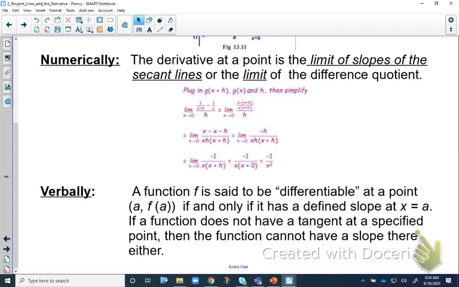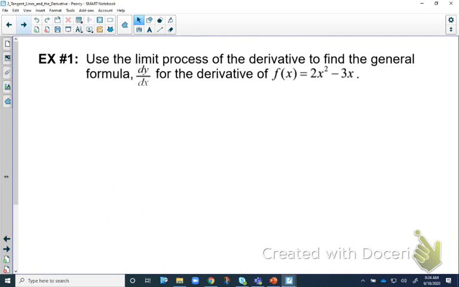So that is what the verbal explanation is going to be. And I want to point out this "if and only if" here, referring back to things that you would have done in geometry, that would be known as a biconditional statement. So let's move on and see how it's going to be applied.